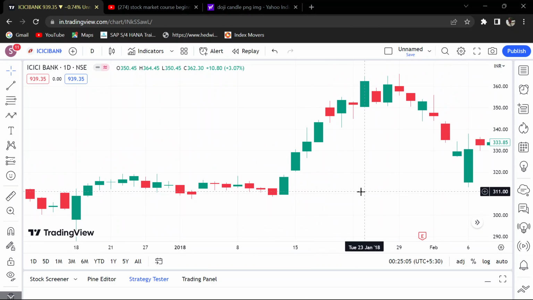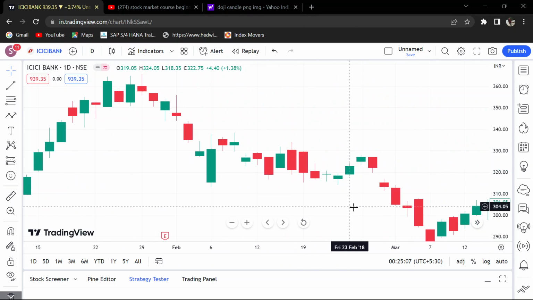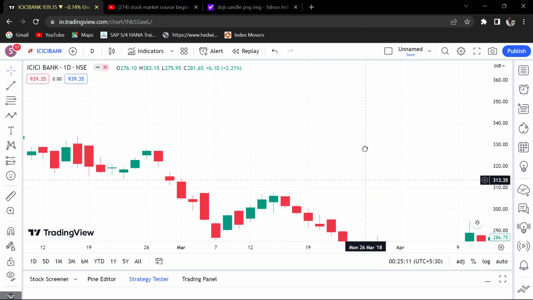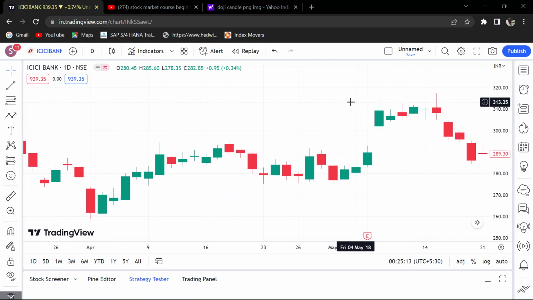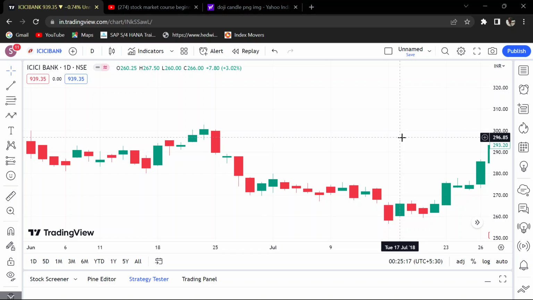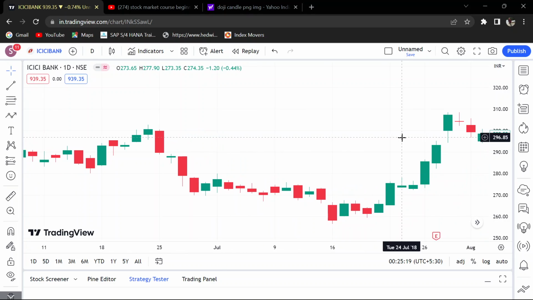This is the Marubozu candle. This is the bearish Marubozu candle. Try to practice on the chart. Open TradingView and practice as many charts as possible. Check the different types of candles. What is a bullish candle? What is a bearish candle?